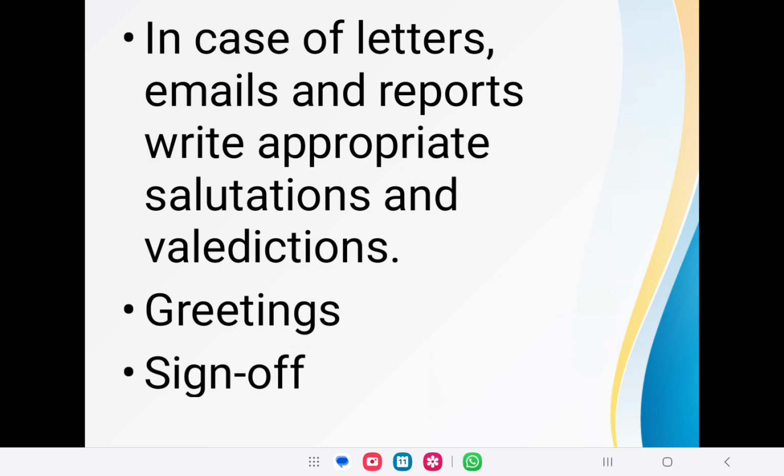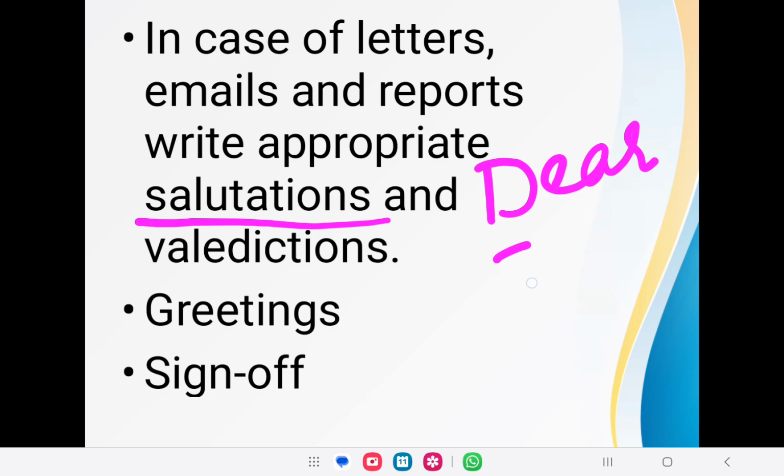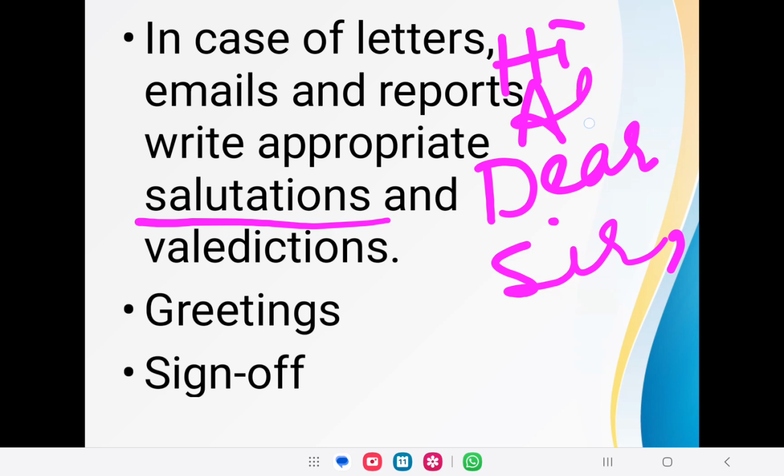In case of letters, emails and reports, write appropriate salutations and valediction. Now what are salutations? Salutation is the greeting that we use in the beginning, that is Dear Sir, comma. If you are writing to a friend, you can simply write Hi Ali, if the name of your friend is Ali.